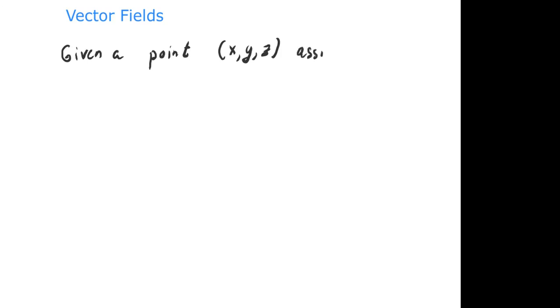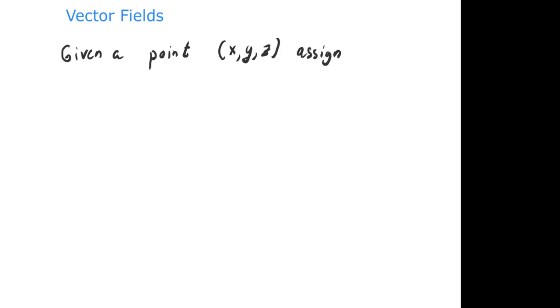So I've talked about scalar fields when using the gradient operator. I now have to talk about vector fields. So what is a vector field? So suppose somebody gives you a point. Let's say you're in 3 dimensions, x, y, z. And at that point, you're not going to assign another scalar value.